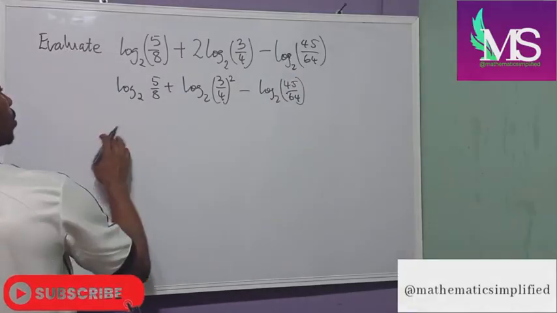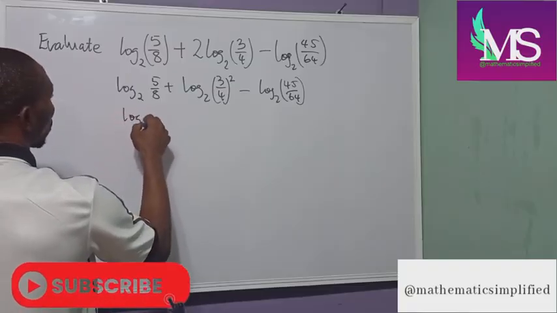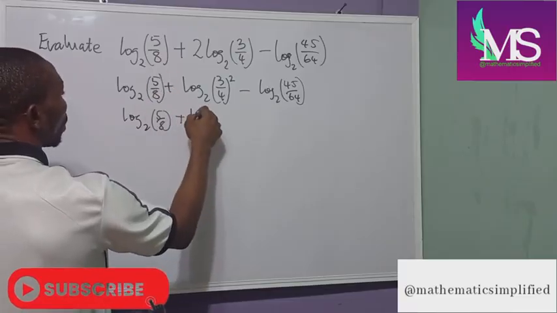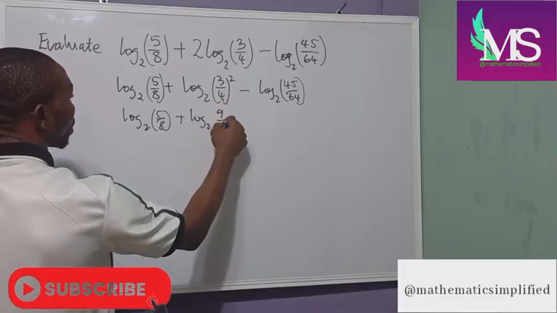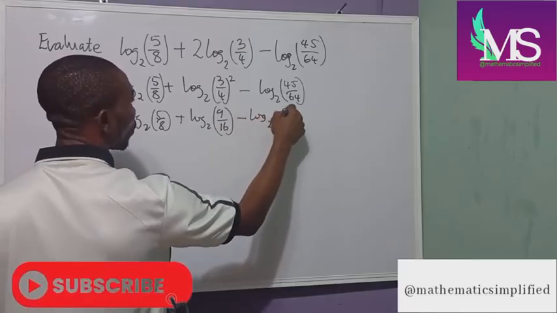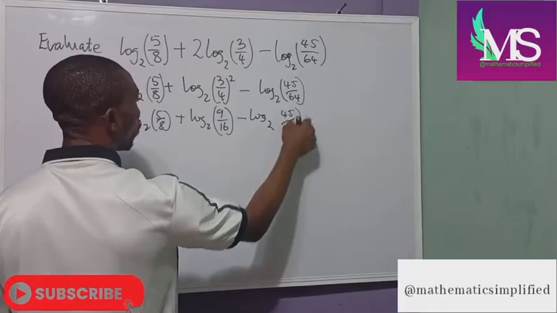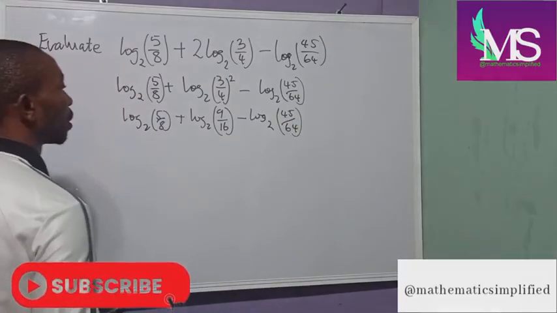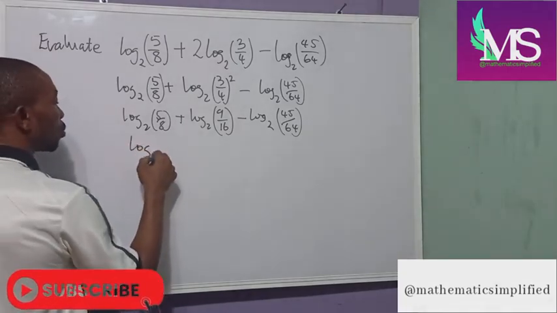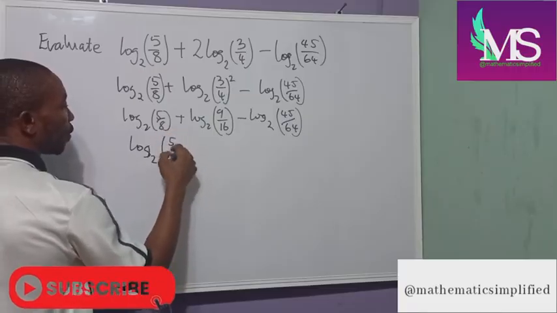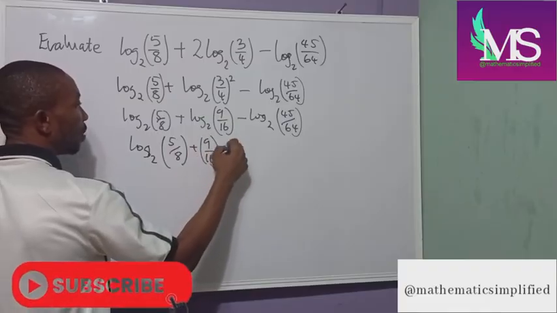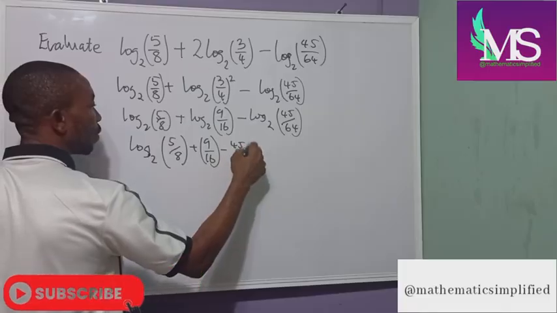Opening up this bracket, we have log 2 of 5 over 8 plus log 2 of 9 over 16 minus log 2 of 45 over 64. The next thing is collecting our logs together. So this becomes log 2 of bracket 5 over 8 plus 9 over 16 minus 45 over 64.